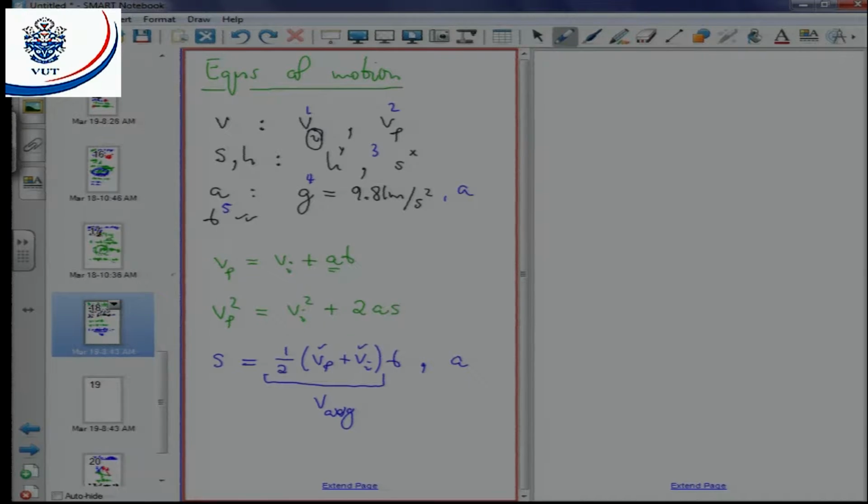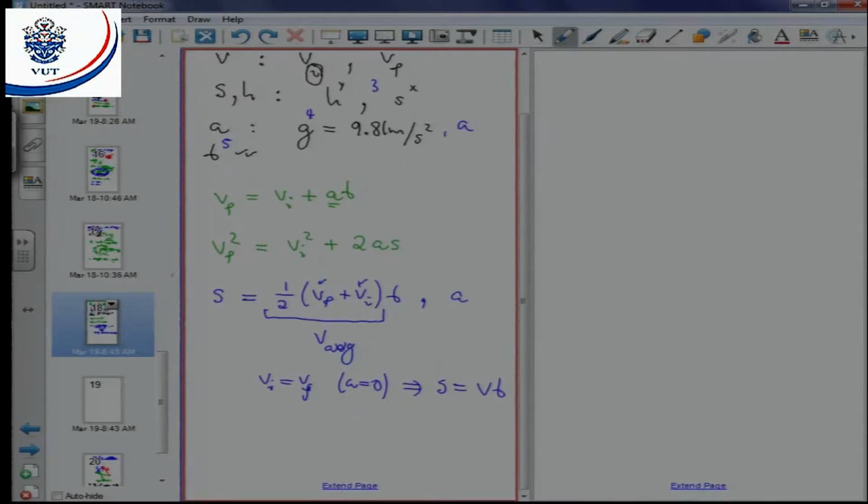When there's no acceleration at all, Vi equals Vf if a equals 0, and what we see is this equation just becomes s equals Vt, because you get V plus V, that's 2V, it cancels the half, and you get s equals Vt.